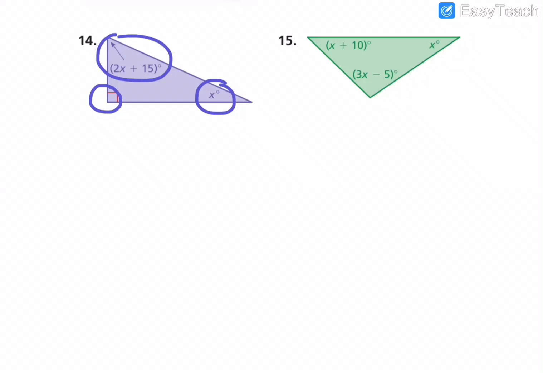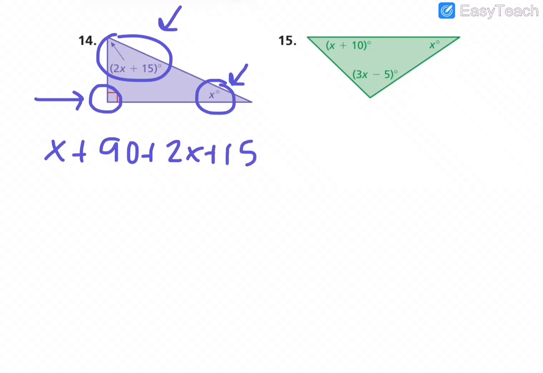You take your three angle measures, you add them up. So this angle measure right here is x. You're adding it to another angle measure, that one we know is 90, and you're adding that to your third angle measure. Just leave it the way it is, set it equal to 180, and then we have to solve.